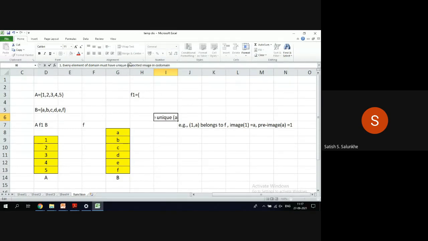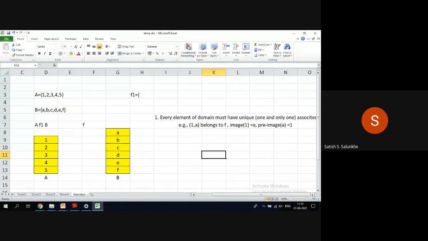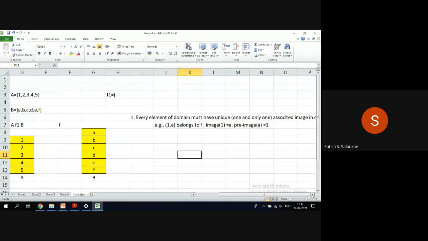What is the meaning of unique? One and only one associated image in the codomain.